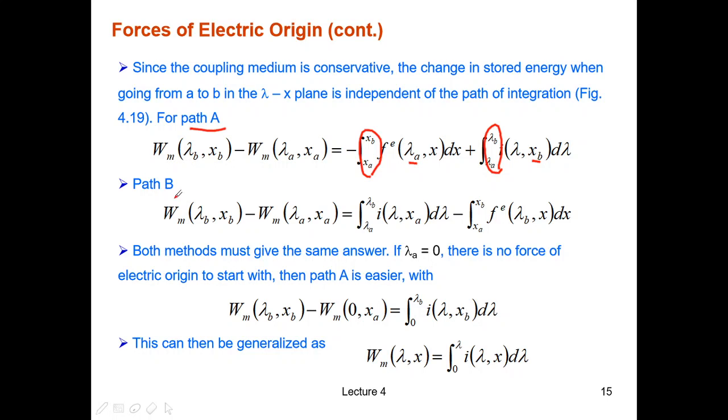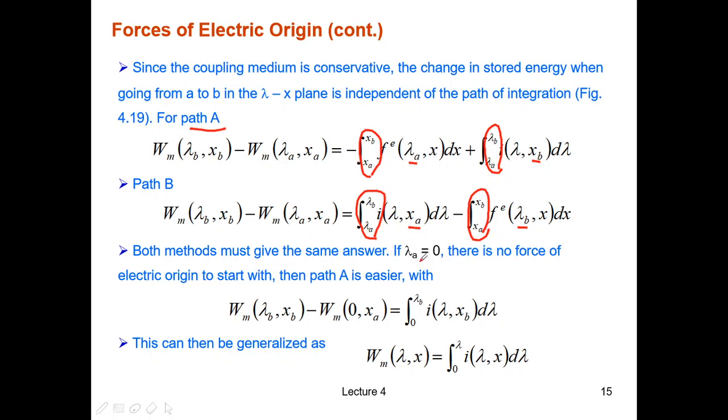On path 2 we can do it a similar way. We move along the lambda axis first, so x is fixed and lambda is moving, and then we fix lambda at the final value and move along the x-axis. So that's how we calculate the change of stored energy when we move from A to B. Both methods must give the same answer.